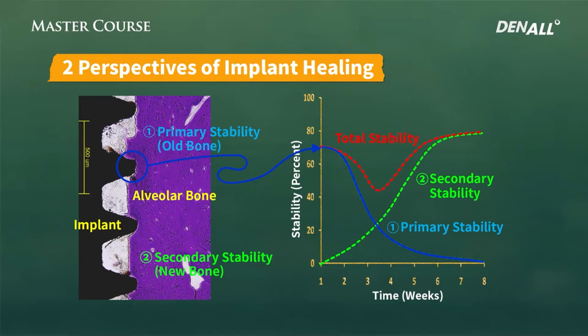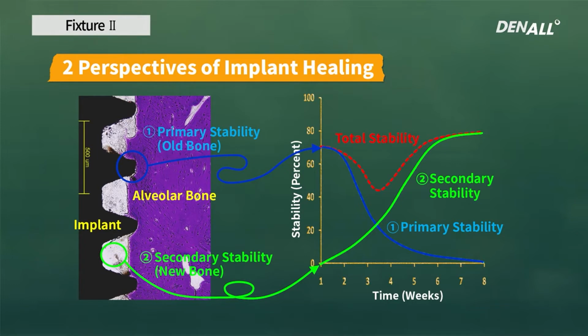The secondary stability: when an implant is placed in bone, new bone is formed surrounding the implant, and the implant is integrated into bone, and the secondary stability goes up over time. That means the primary stability goes down as time goes by. Meanwhile, secondary stability goes up, and the total stability dip is created at some point. That is called the stability dip.